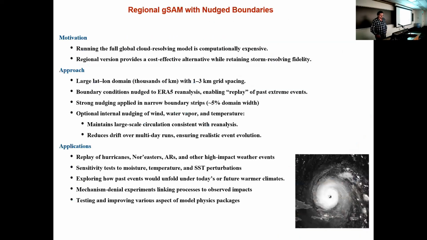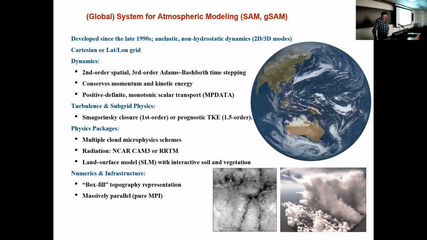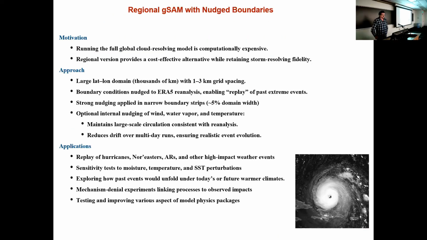So what I've been doing over the past year or so is trying to create a regional version of that model. The motivation is clear. This global model simulation shown here is very expensive to run. For example, DYAMOND, the global cloud-resolving model intercomparison project: a 40-day simulation takes about 1 million core hours.